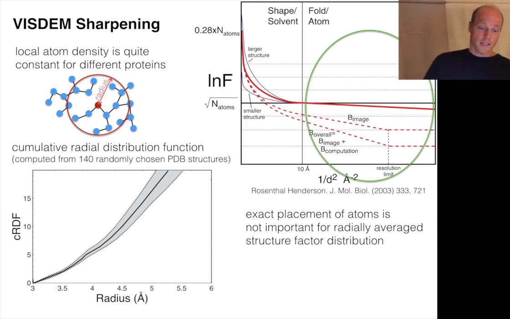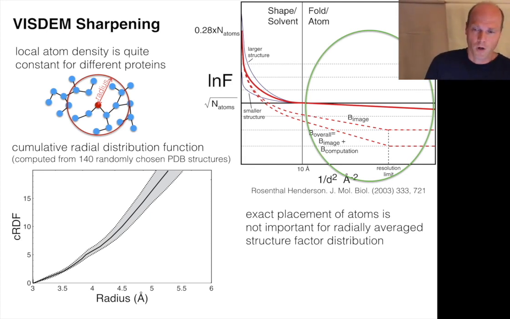And we have the rough shape already. Typically, of course, we don't have the atomic model when we are at this stage of the image processing. We just determined our reconstruction, and now we want to sharpen the density map.